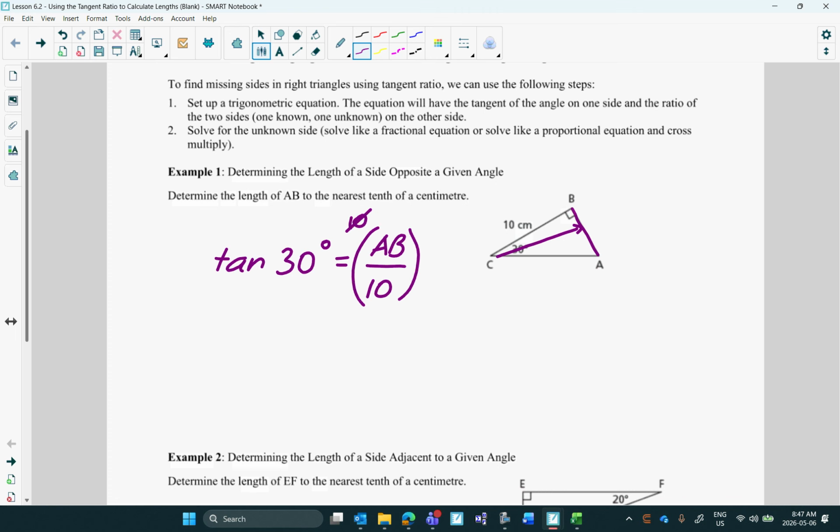And those cancel out. Whatever you do to one side, you got to do to the other side. So you got to times the other side by 10. So to find AB, you have to use your calculator and multiply 10 by tan 30.